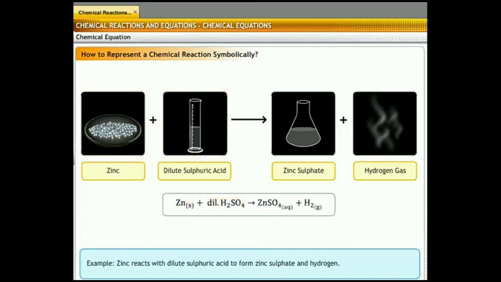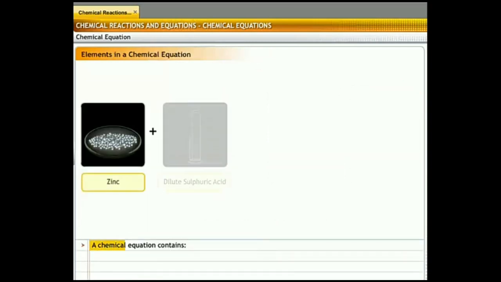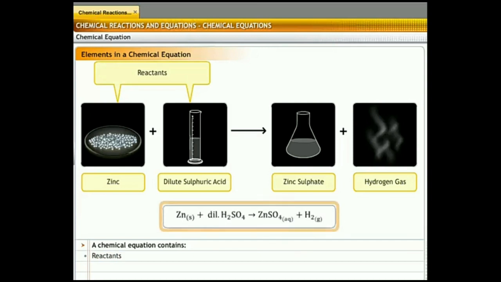We have seen in class 8 that in a reaction we can denote S for solid, dil for dilute, and ZnSO4 which forms aqueous, and hydrogen gas which can be represented by an arrow. So zinc and dilute sulfuric acid, both of them are reactants here, and zinc sulfate aqueous and hydrogen gas are the products here.